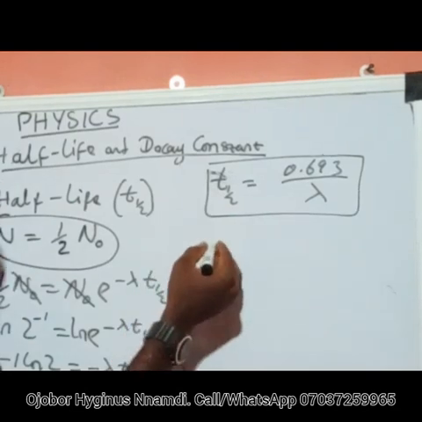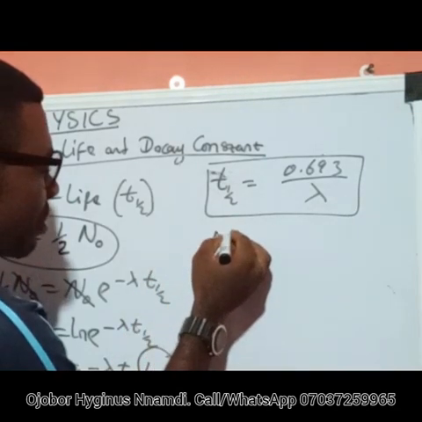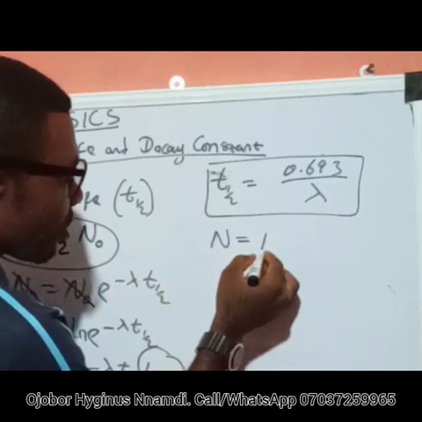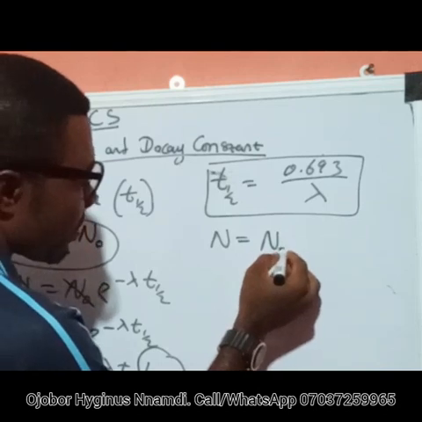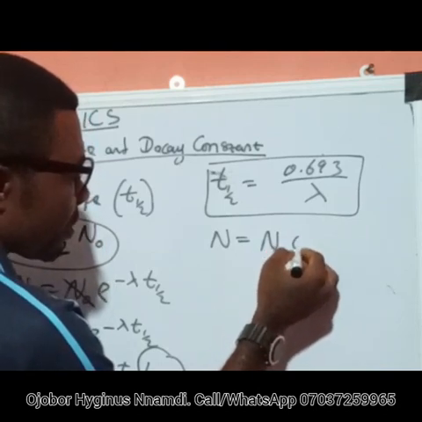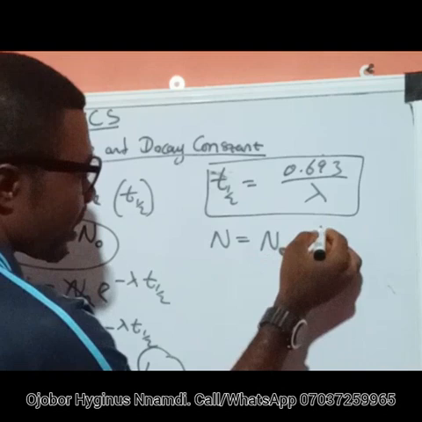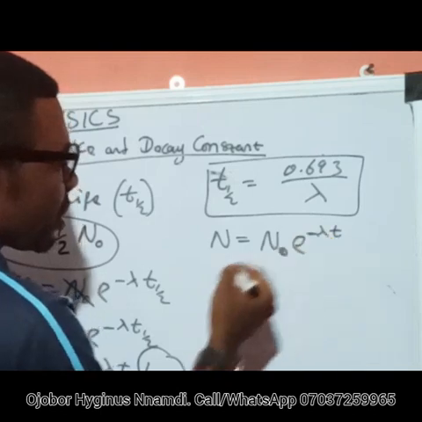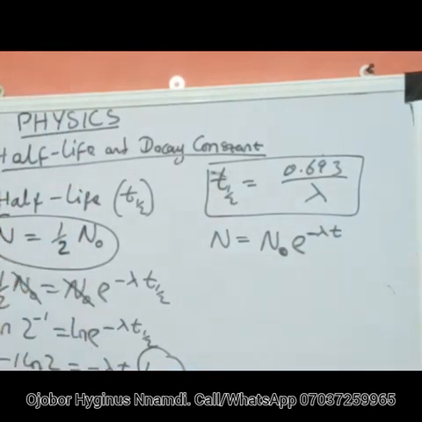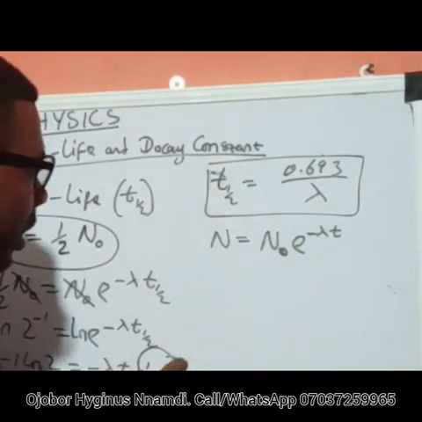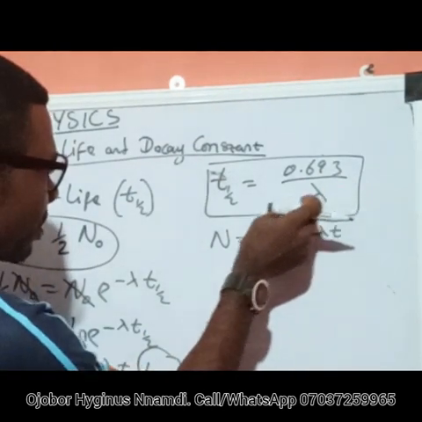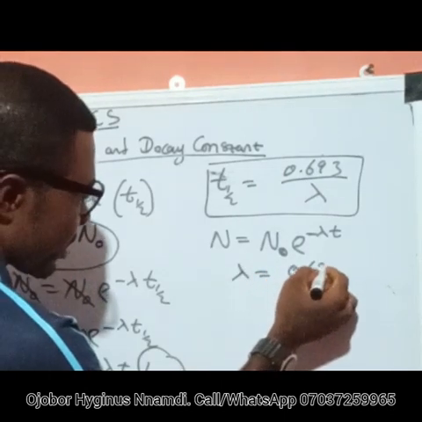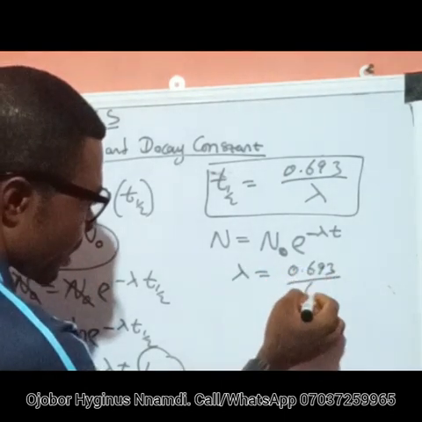And remember, originally I gave you that the number of atoms that will remain in a radioactive element after disintegration is equal to the original number of atoms before disintegration multiplied by the exponent minus lambda t. If we know this, then if we make lambda the subject of the formula here, we have that lambda is equal to 0.693 over half-life.